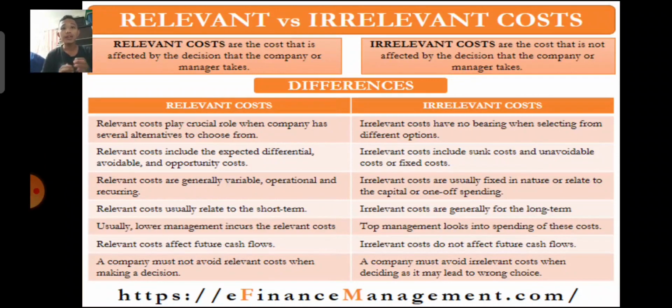The depreciation cost will be included in the irrelevant cost, so the manager could not take any decision about that. If the manager still wants to use the car, the depreciation cost is in fact an irrelevant cost.